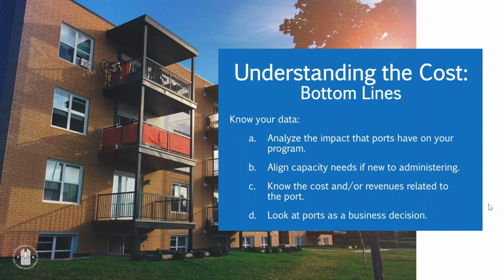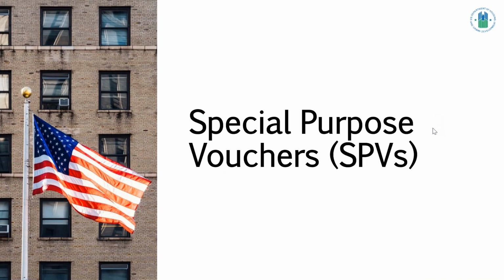You can absorb each other's ports and it's a wash as it relates to utilization. So know your data and make good decisions on the long-term utilization of your program based off of the information that's available to you. And with that, I'm going to pass it back over to Tisa to talk about special purpose vouchers.